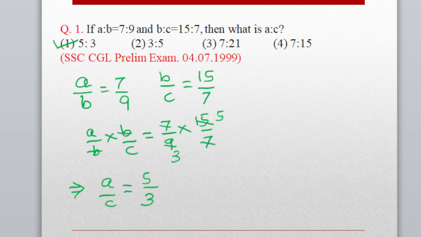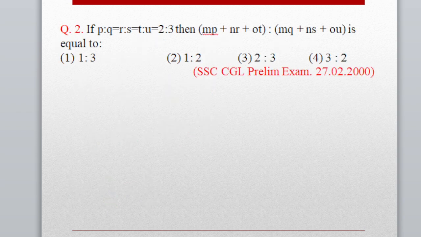Now next question, that is question number 2. If P is to Q is equal to R is to S is equal to T is to U is equal to 2 is to 3, then MP plus NR plus OT is to MQ plus NS plus OU is equal to dash.